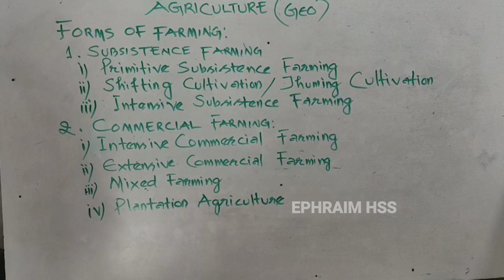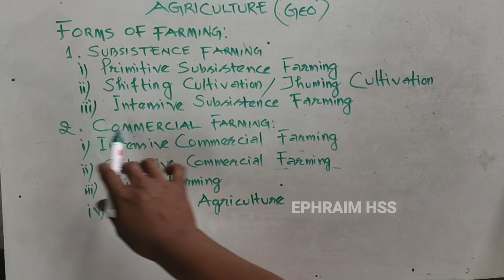And the soil fertility is maintained by crop rotations and judicious use of fertilizers. The yield of crop is not high and it is mainly grown for domestic consumption, and the types of crops that are grown in such types of farming are paddy, wheat, maize, millets, vegetables, pulses and oilseeds.